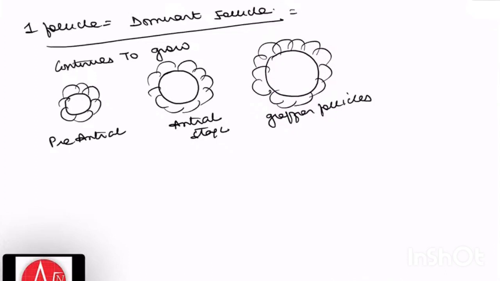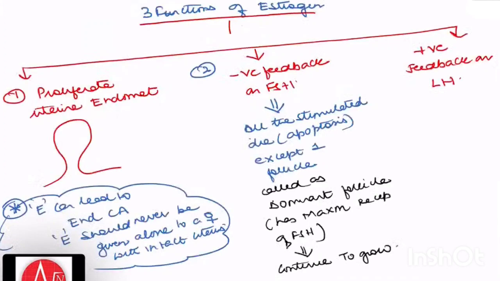Right? Are you understanding? Now, what is the third function of estrogen? The third function of estrogen is it has a positive feedback on LH. Now, because estrogen has a positive feedback on LH, what is going to happen? The levels of LH suddenly increase.